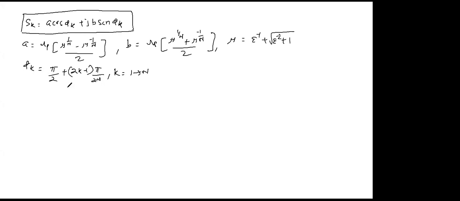Then what is the denominator of the transfer function? Since these are the poles, the denominator is the product for k equals 1 to n of (s minus sk). So this is the denominator of the transfer function.